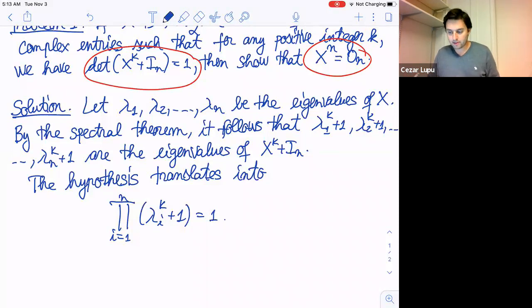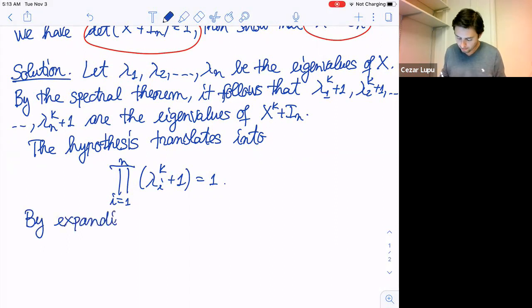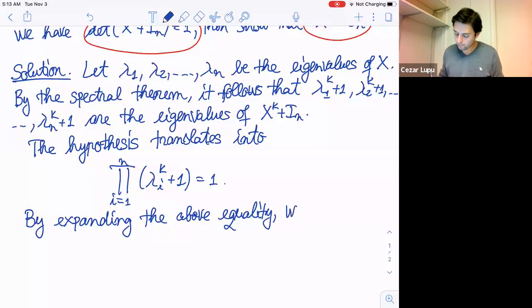If we expand this, by expanding the above equality, and let's see, what do we have? We would like to expand this, and by expanding this equality here, I'm just going to write it in the following way.